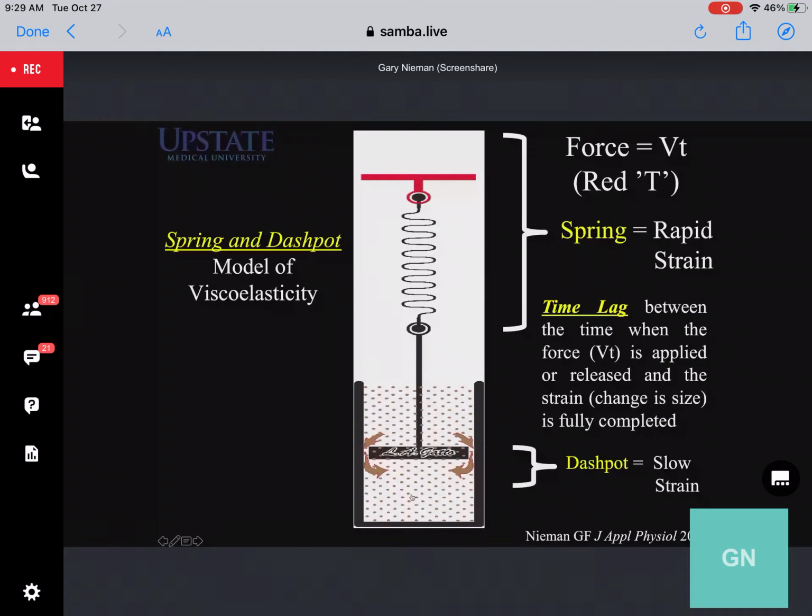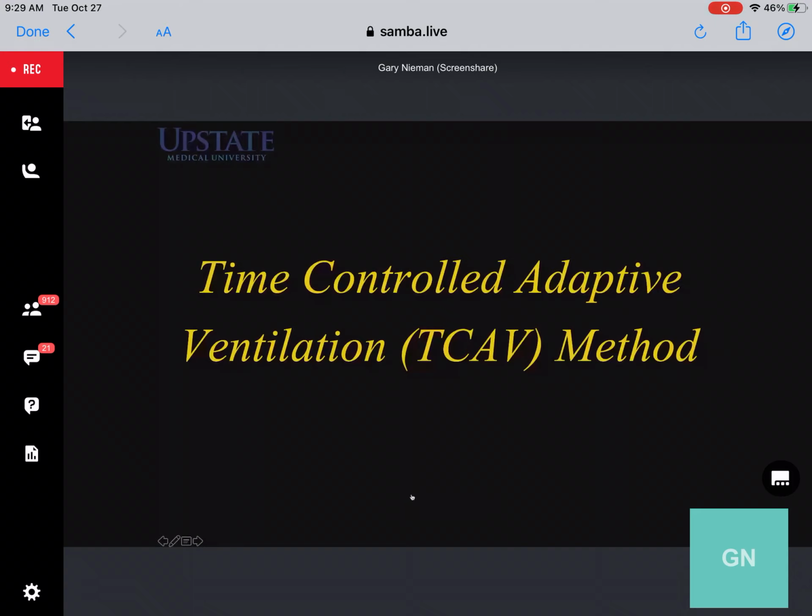So as all of you probably know, Dr. Habashi developed this time-controlled adaptive ventilation, or TCAV method, to set and adjust the APRV mode.